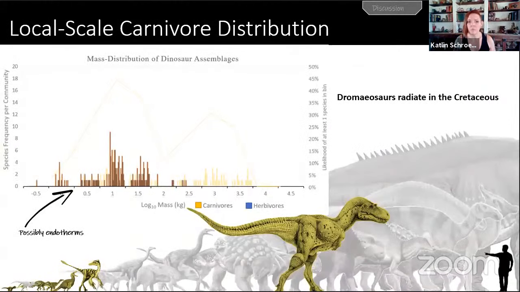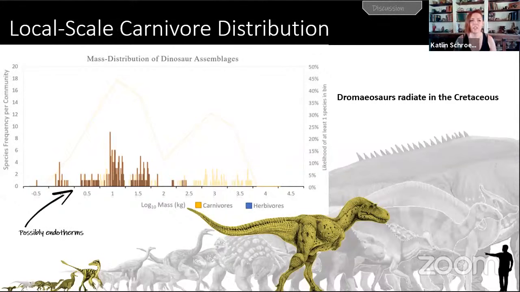Well, recall that there was some pretty solid diversity among small carnivorous dinosaurs, right? This spike in small carnivore diversity might actually be attributable to the rapid diversification of Maniraptorans, the raptors. And Resende et al. demonstrated that some of these raptors at least might have been developing endothermy, so warm-bloodedness. And that would have allowed them to really get on the same level of competing with small mammals and birds, very, very active animals.